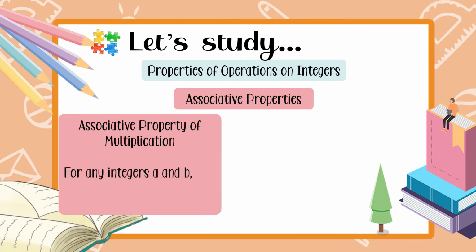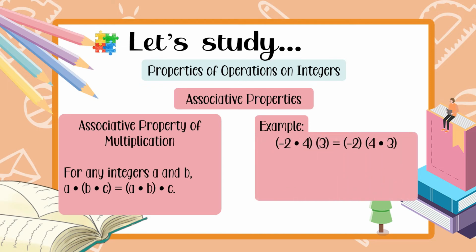It states that for any integers a and b, a times the quantity of b times c is also equal to the quantity of a times b times c. Example. Okay. So, ayan. As you can see, sa left side ng ating equal sign, si negative 2 times 4 ang magka-grupo and nakahiwalay si 3.